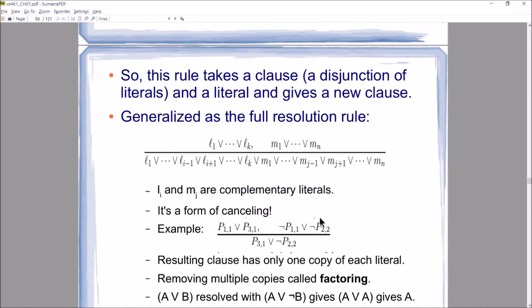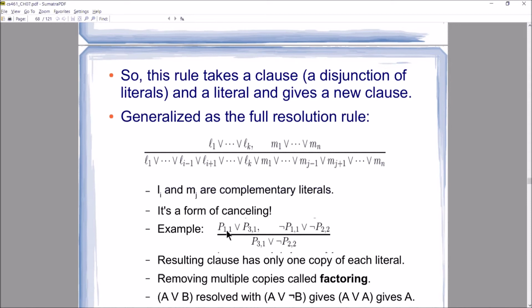So it sounds really, really complicated, but here's an example, right? So let's say that we've got two disjunct clauses or two disjunct sentences, P11 or P31, and we have a second one, not P11 or not P22. According to the cancellation that happens, according to the full resolution rule, what's going to happen is you try to combine these two things together.